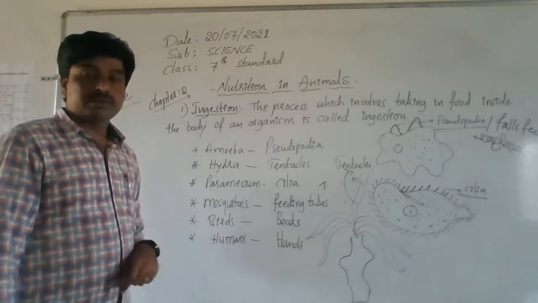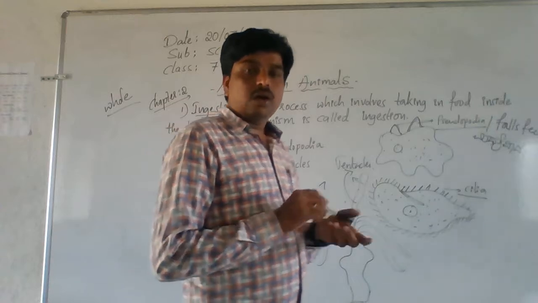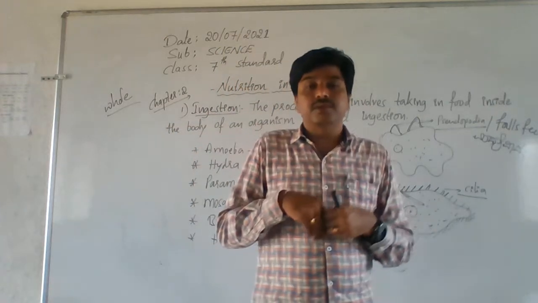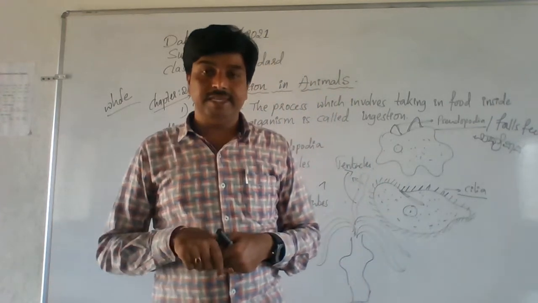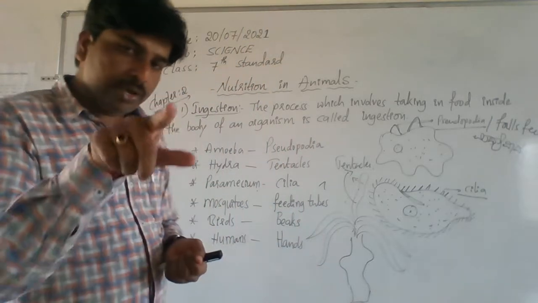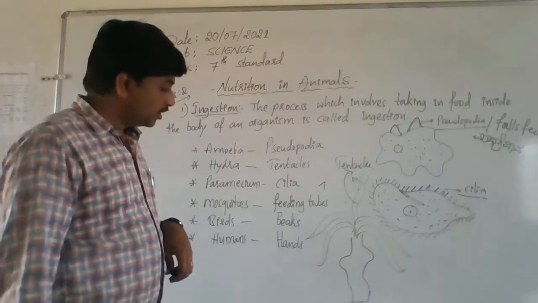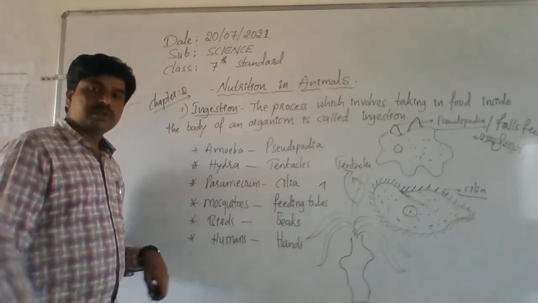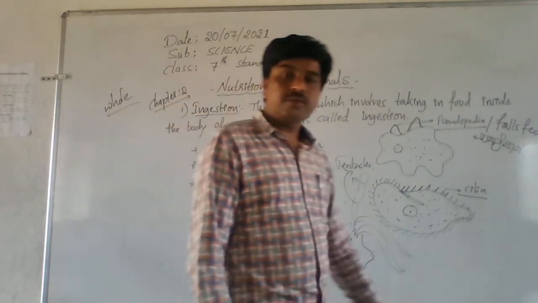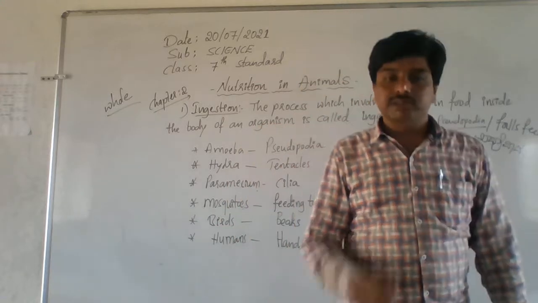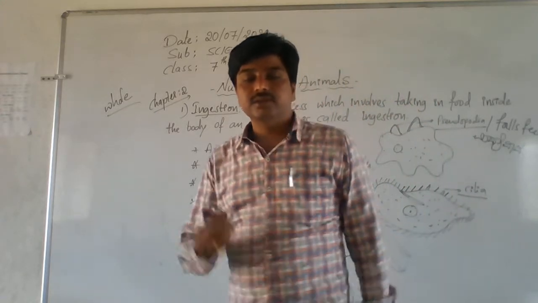Okay. In birds, normally you know how birds intake the food? By using their beak. By using their beaks, birds intake the food. Understand? Then in the case of humans, I already told, human beings have hands. By using hands, they intake the food.